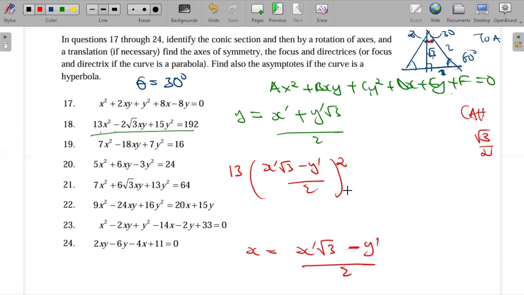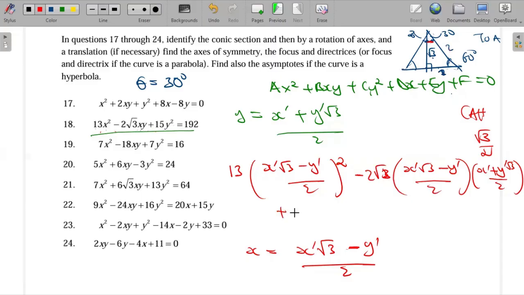Then the next one there is negative 2 root 3, multiplying x prime root 3 minus y prime over 2, multiplied by x prime plus y prime root 3 over 2. And the last there is just plus 15, then your y is x prime plus y prime root 3 over 2, squared. And then of course equal to that 192. In short, this is what you're doing.